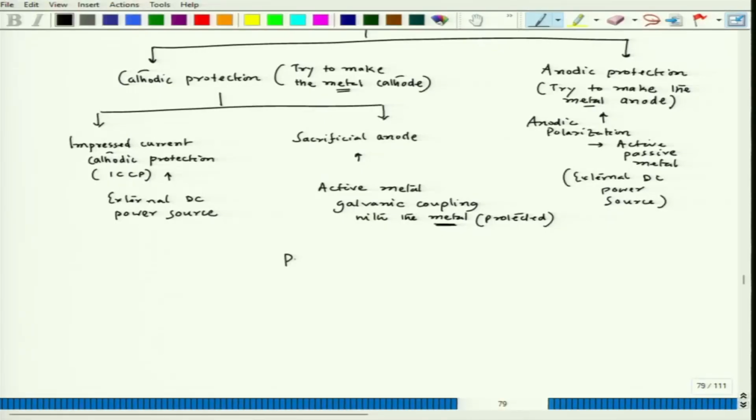In electrochemistry, polarization is very important since it talks about the electrode kinetics, or the electrochemical reaction kinetics. That kinetics will guide us whether the metal will be protected cathodically or anodically. So, let us look at polarization.